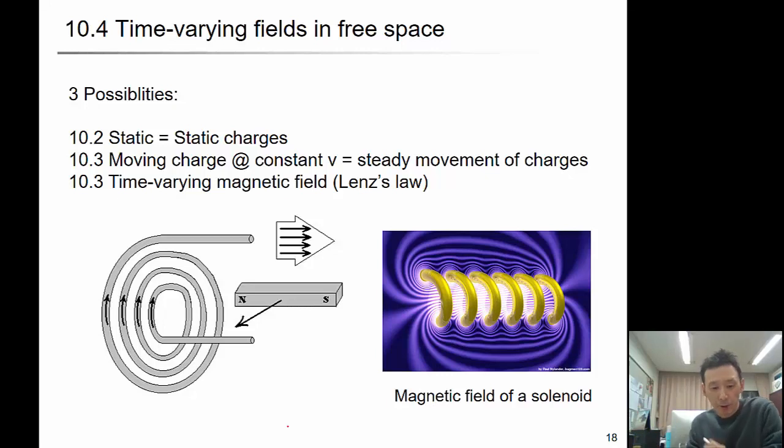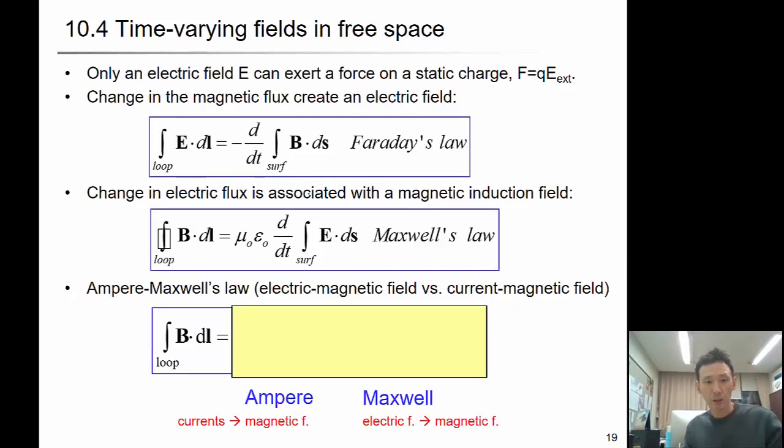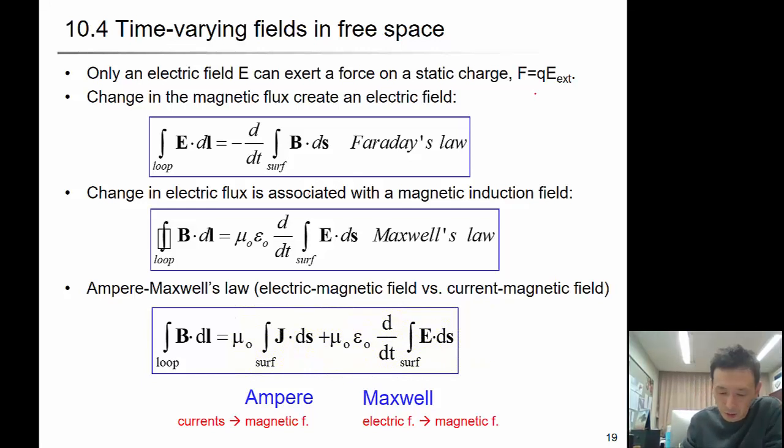So, time varying fields. There are three possibilities: the charge is not moving, or the charge is moving at a constant velocity, and the last one is the charge moving with some acceleration. So the magnetic fields are varying with time. Then we can still use all the different laws here. This is Coulomb's law, Faraday's law, and Maxwell's law, and together it's the Ampere-Maxwell law.